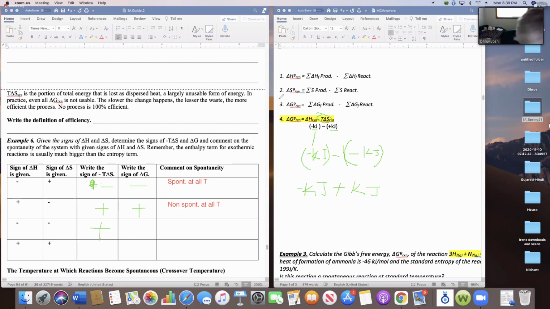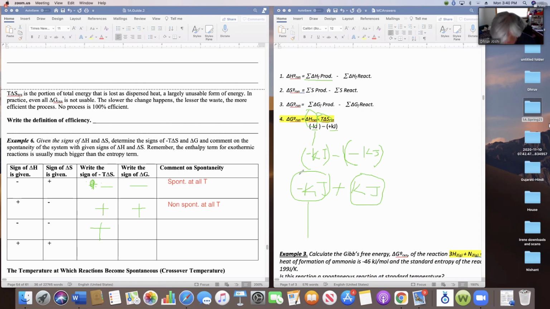So now we have fun. Which one is going to win? Which one is going to give the sign, negative or positive, to the final kilojoules? That's the question. If the enthalpy term is bigger than the entropy term, then it would be a negative delta G and it would be spontaneous.